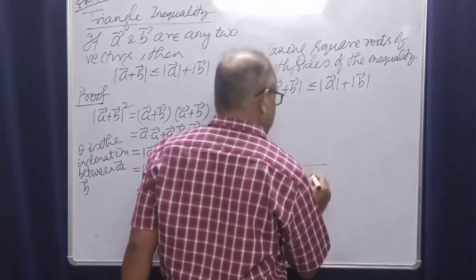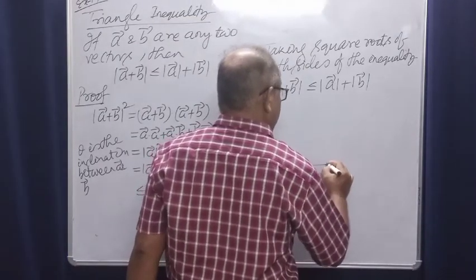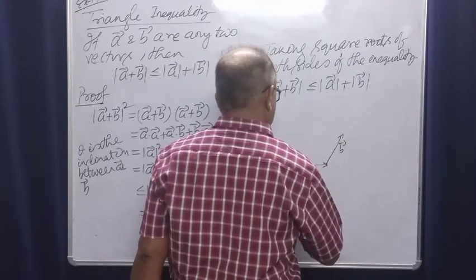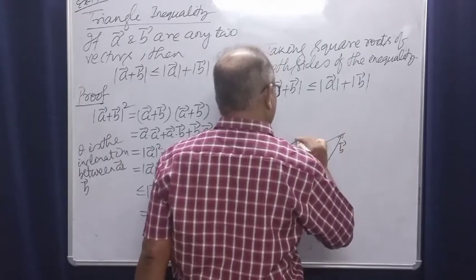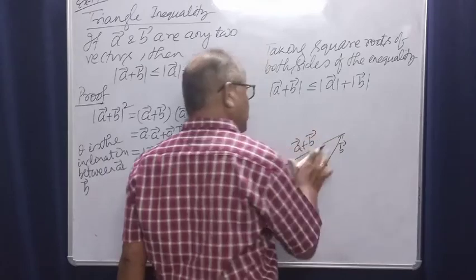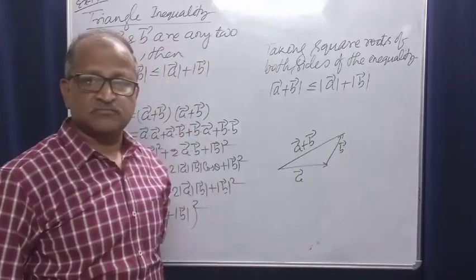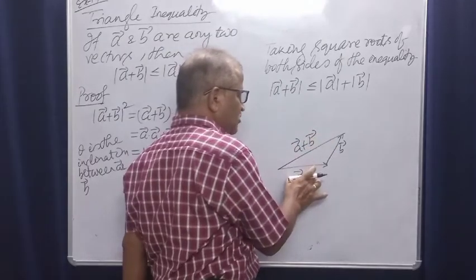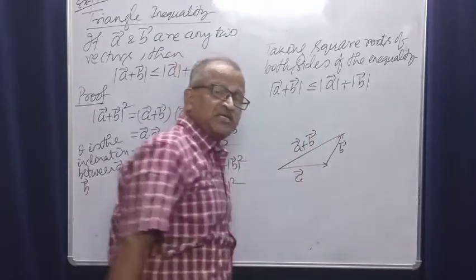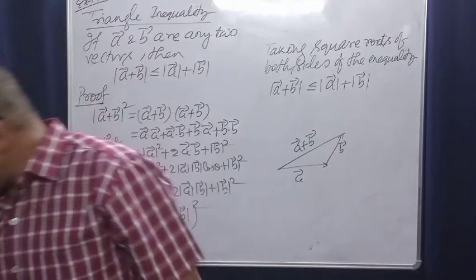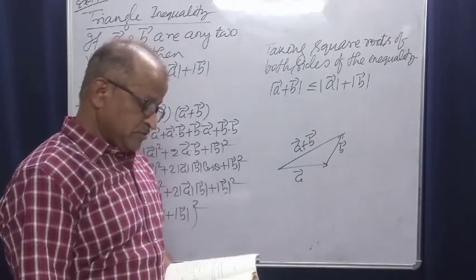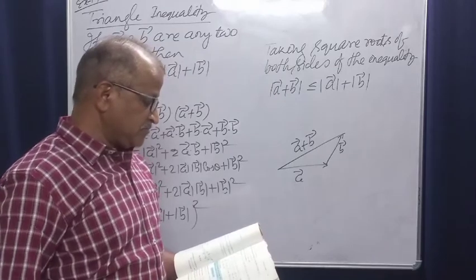Because if this is a vector A, this is vector B, then A plus B will be like this. They will form a triangle. So, magnitude of A plus B is less than equal to magnitude of A plus magnitude of B. This is the triangle inequality. Very important inequality.